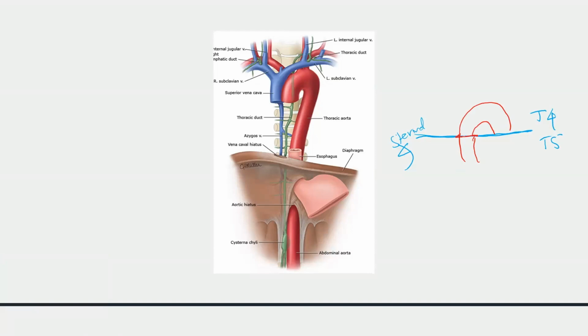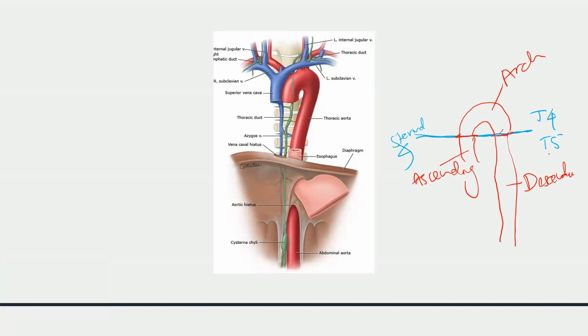Here the arch of aorta starts, and here it will end, and from there on you have the descending aorta. So the aorta can be divided into three main parts: the ascending aorta, the arch of aorta, and the descending or thoracic aorta.